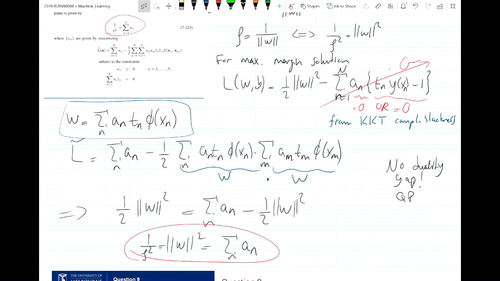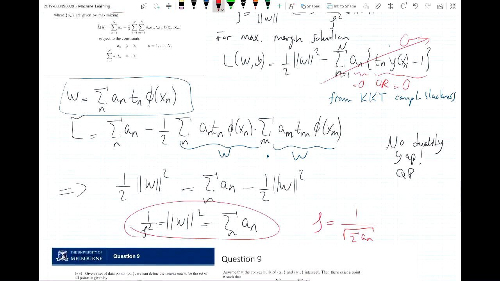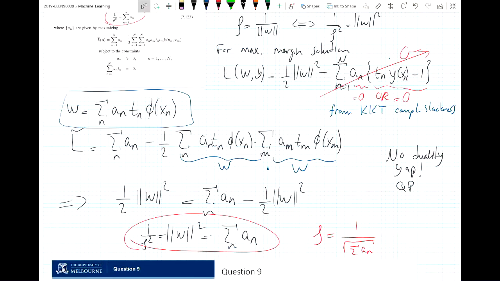Or you can write the margin itself, more meaningfully, as 1 over the square root of the sum of a_n, right? So the margin will be the square root of the sum of the Lagrange multipliers.